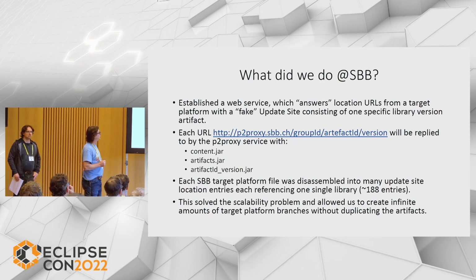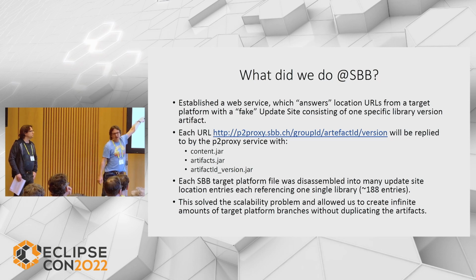And this proxy replied to URLs, as I depicted here, which had the Maven coordinate in the URL. So the proxy decoded the URL, went to the artifactory, got the jar, stored it in a cache, and sent it back to P2 with some hacky content jar and artifacts jar.